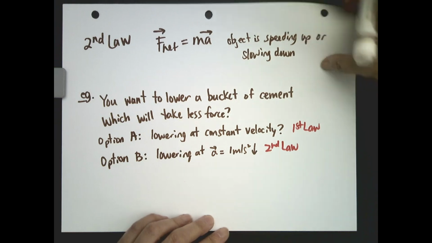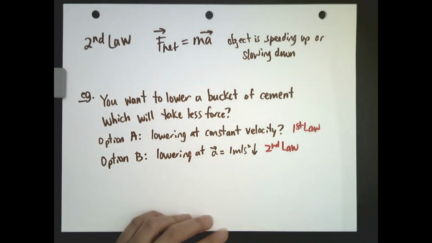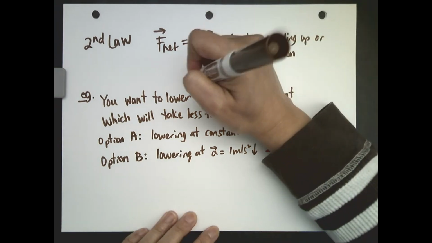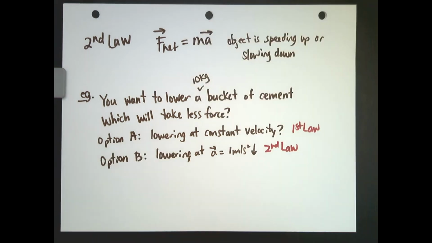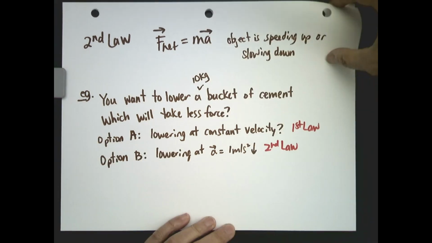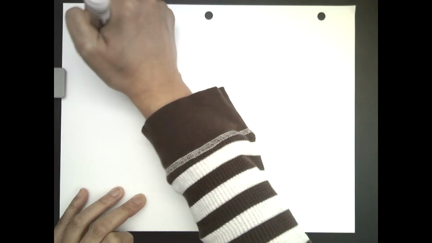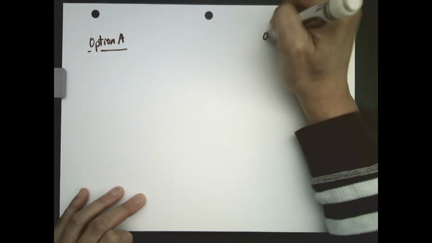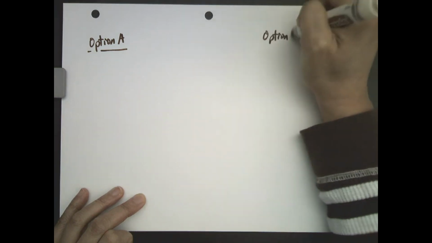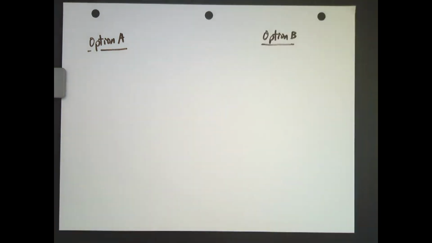Okay, so we're going to set this up. Oh, and I guess I should write down the mass of the cement bucket. So you want to lower, let's say, 10 kilograms of cement in the bucket. All right, we're going to do option A and option B. So let's do option A first, and then we'll do option B over here.